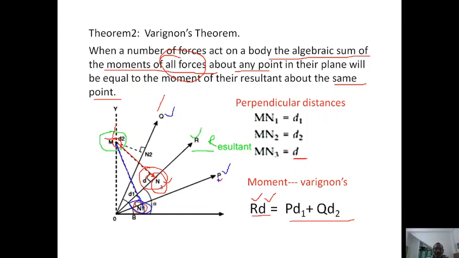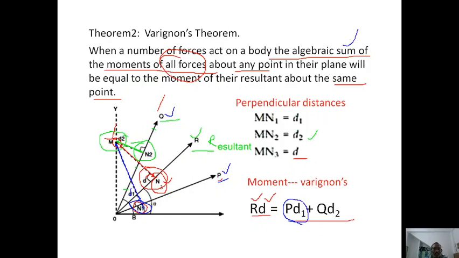So I multiply the force by the perpendicular distance: P into D1. Since an algebraic sum is given, I again take the force Q. Its perpendicular distance is from M to N2, and that distance is D2.